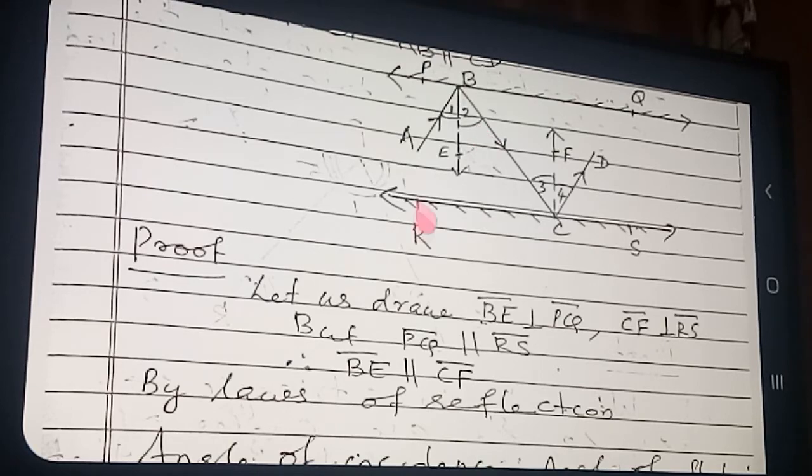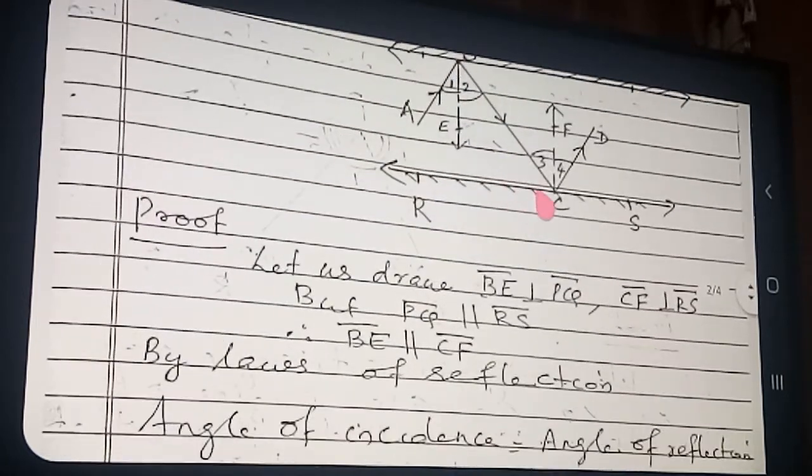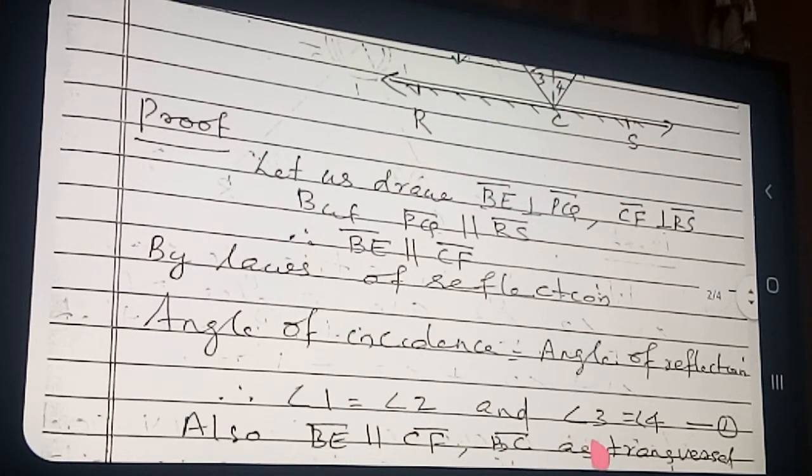Both are equal. That is why I wrote angle 1 is equal to angle 2. Similarly at this point, angle of incidence is 3 and angle of reflection is 4. Angle 3 and angle 4 are equal. So angle 1 equals angle 2 and angle 3 equals angle 4. Together, write it as equation number 1. Now next point, see.